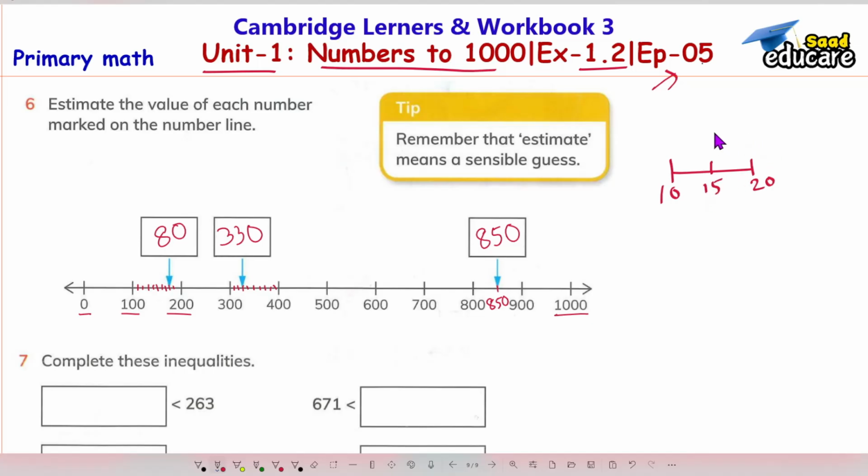But an estimate doesn't mean it's 18, because 18 should be over here. A little bit right and left is normal, but this is near about 15. So it is already mentioned here: remember that estimate means a sensible guess.